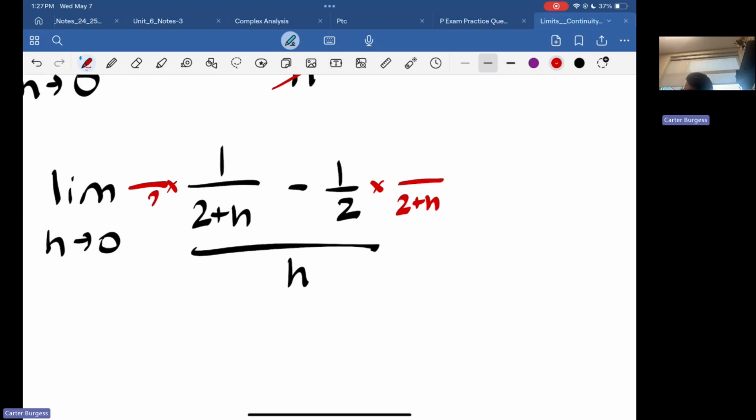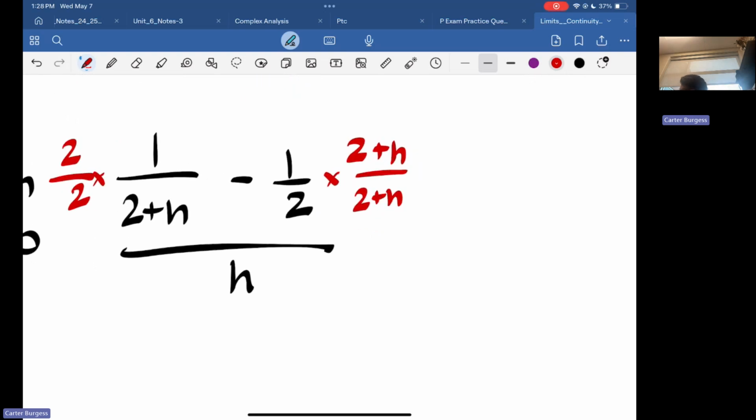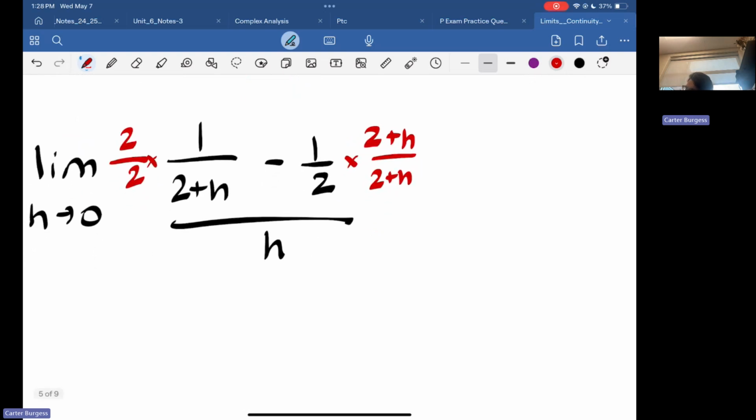So we'll multiply by a 2 over here on the left, and we'll multiply by a 2 plus h over here on the right. Probably the easiest way. Maybe not the only way, but I think this is a good one.